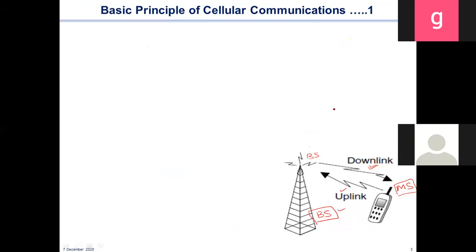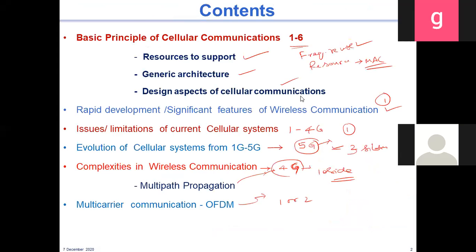Okay. So these are the topics that I'm going to cover in this section. To begin with, the frequency reuse concept, very briefly in 1 or 2 sentences. What are the resources that are available at the base station and at the mobile user for making a call to and fro, that are known as the multiple access techniques, and the basic generic architecture of the communication system. I will cover it within 1 to 6 slides.